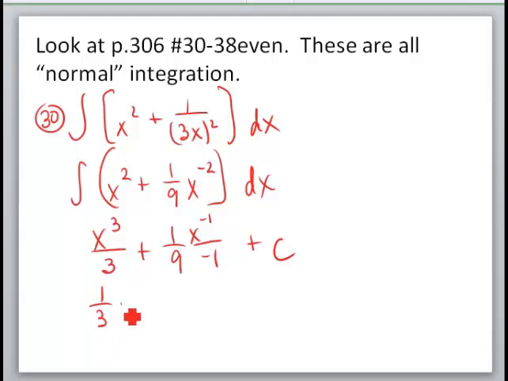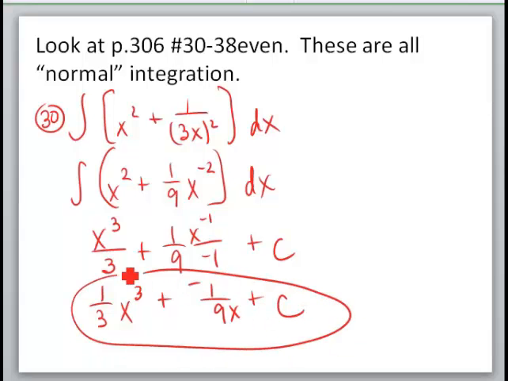This would give me 1/3 x cubed plus, I'd have my 1/9, well this would be negative, and then the x would go on the bottom down here, plus c, and that would be my final answer. So when you guys are working through problems, always make sure that you can't just integrate it as normal. You're going to have to recognize substitution.